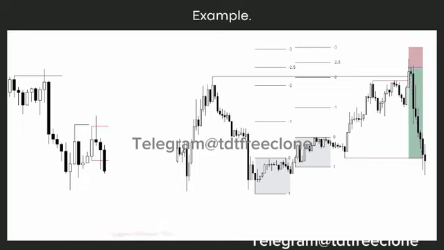And what you can see right here is that we've got the 2.5 standard deviation of both the CBDR and the Asian range aligning with each other just above this high, inside this high time frame order block. So after the candle range high was purged, instead of taking entry right away, we would have waited for price to reach that 2.5 standard deviation level, and that is exactly the level at which we would have entered the trade.